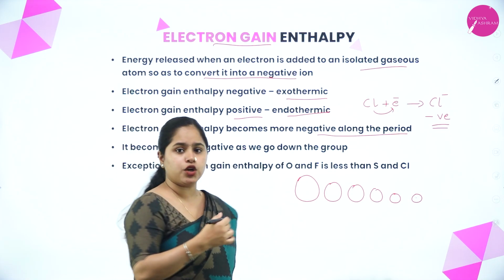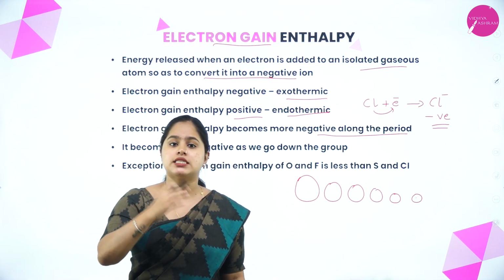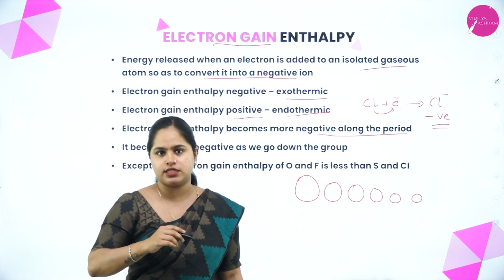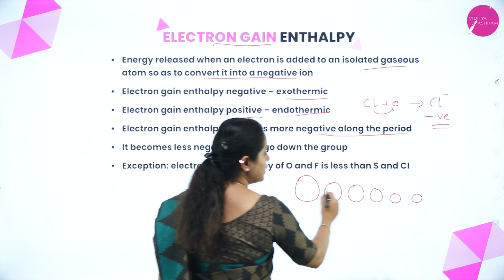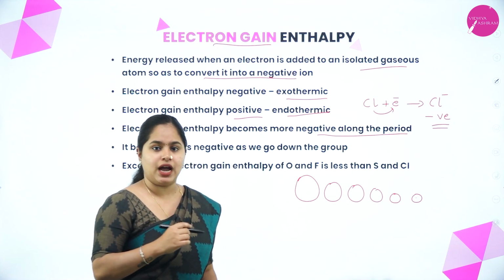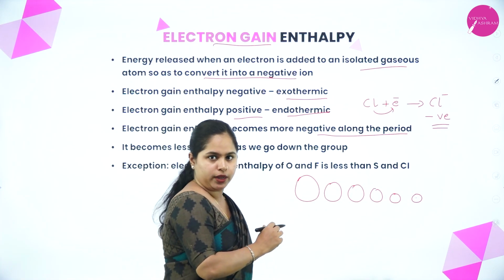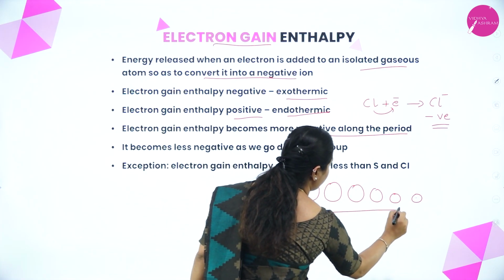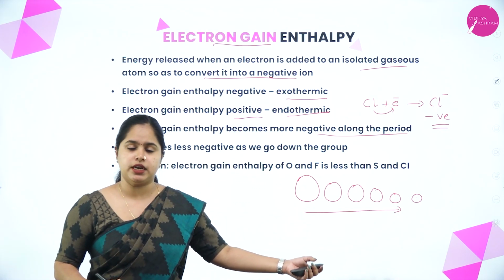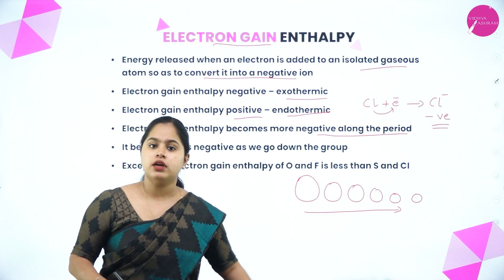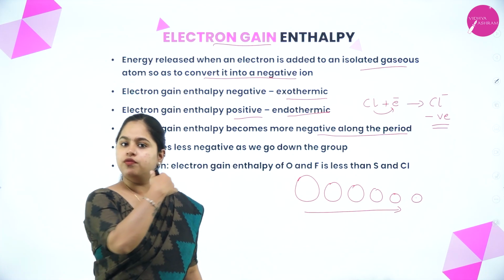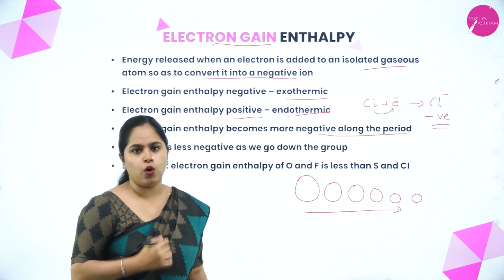Electron gain enthalpy is the energy released when an electron is accepted, right? So an electron can be accepted easily as we move from left to right. So as we move from left to right, that is along the period, the negative value keeps on increasing. I hope it is clear.